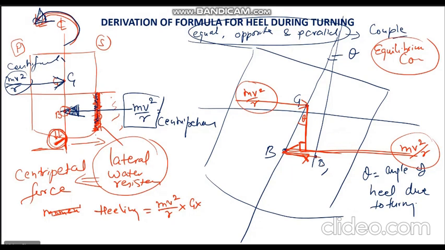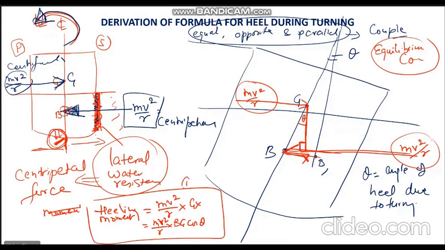It is BG cos theta, because cos theta is equal to Gx upon BG. So the heeling moment is equal to mv square upon r into BG cos theta. This is my equation 1.